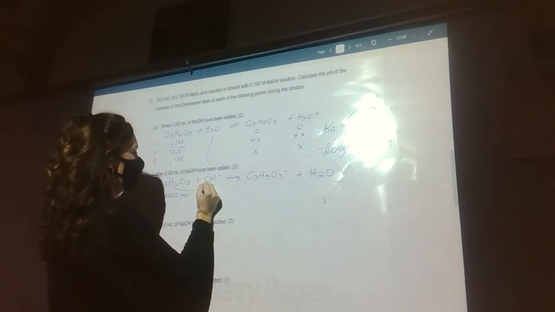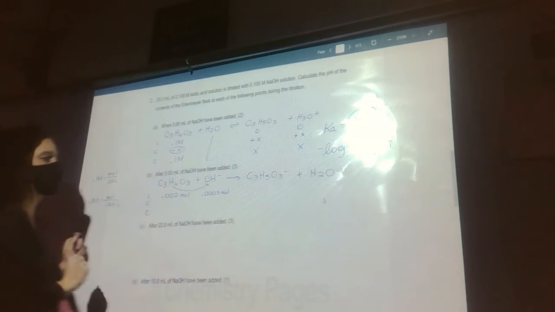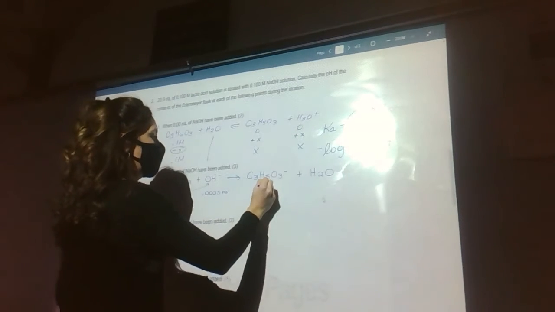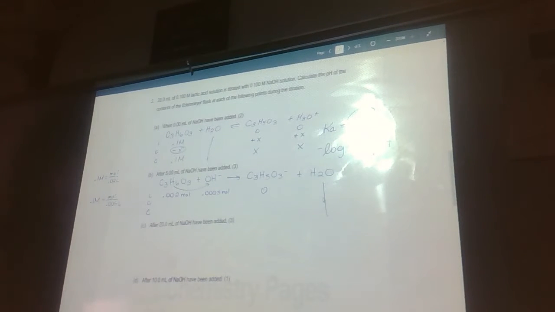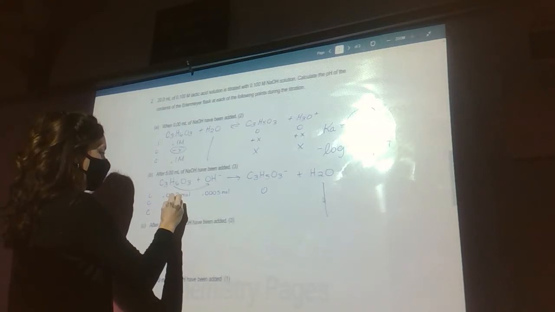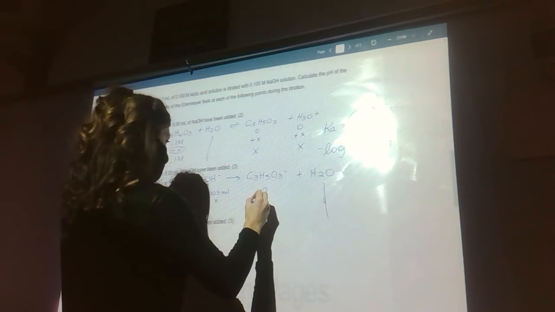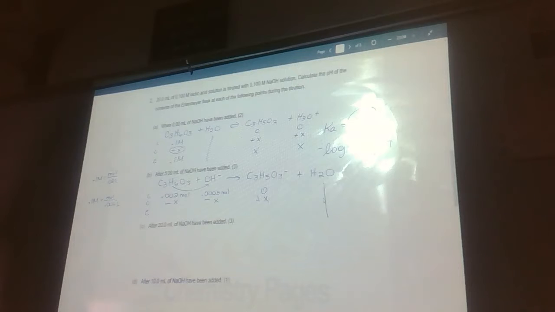So this is 0.0005 moles. And then 0, we don't include water. Minus x, plus x, it's a right hand arrow.